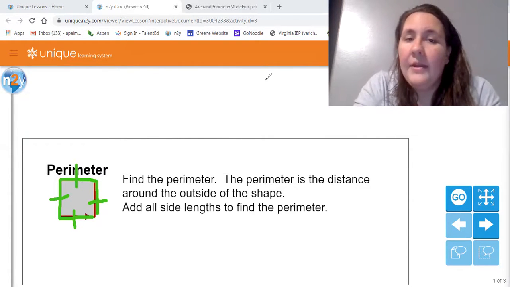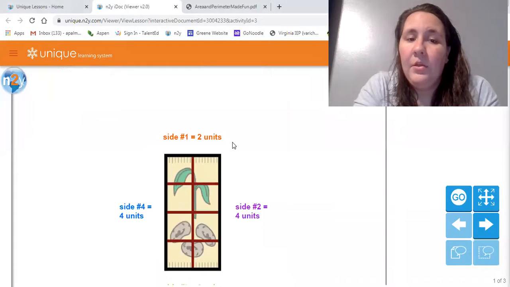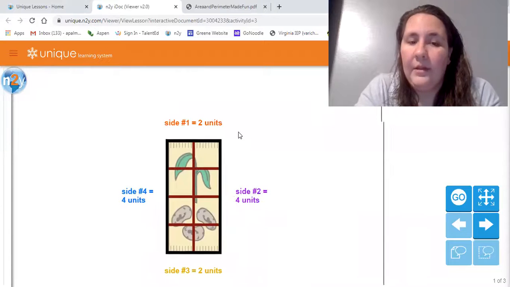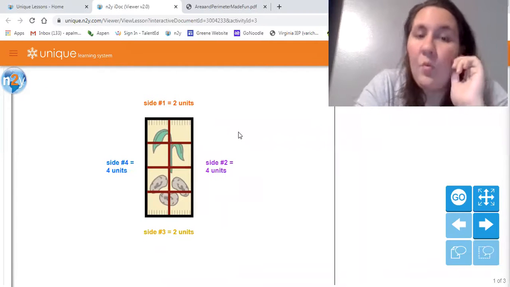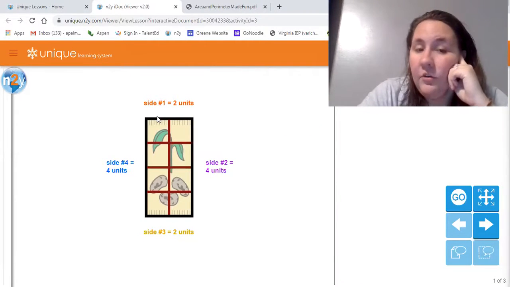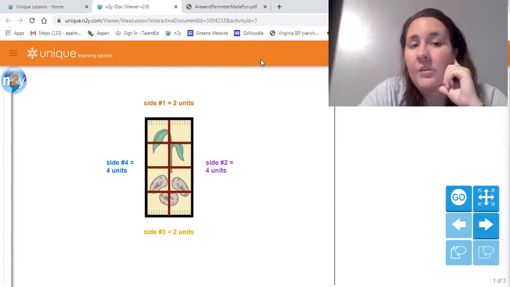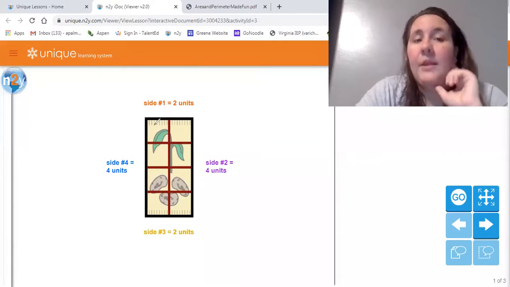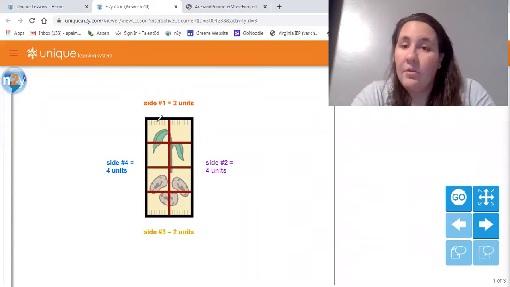Let's try another problem down here on the bottom. So this one has more blocks in it together. And so what you would do is you would do each side all the way around. So if we were going to use the strategy Miss Dailey just talked about, then I would go to each block and count. So let's count together.